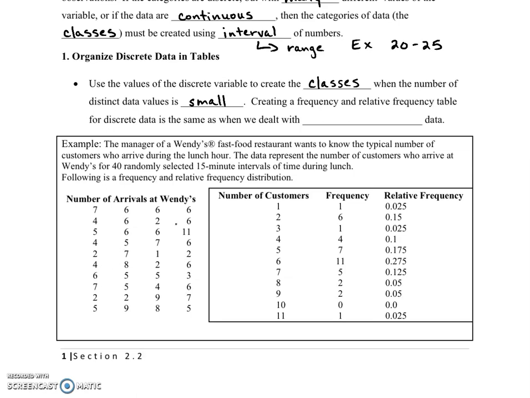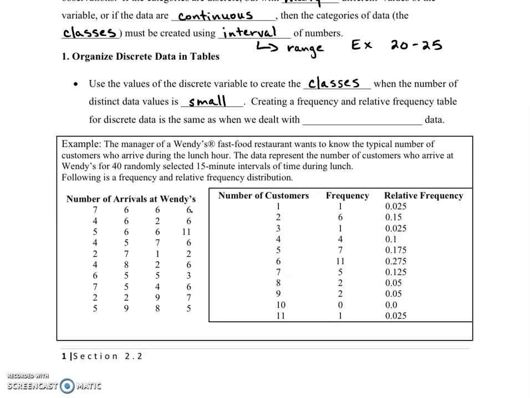So if we look at our Wendy's arrivals numbers here, our smallest is 1, and our data values go all the way up to 11. So we could have 1, 2, 3, 4, 5, etc., all the way up to 11. So each number of customers is one of our classes.